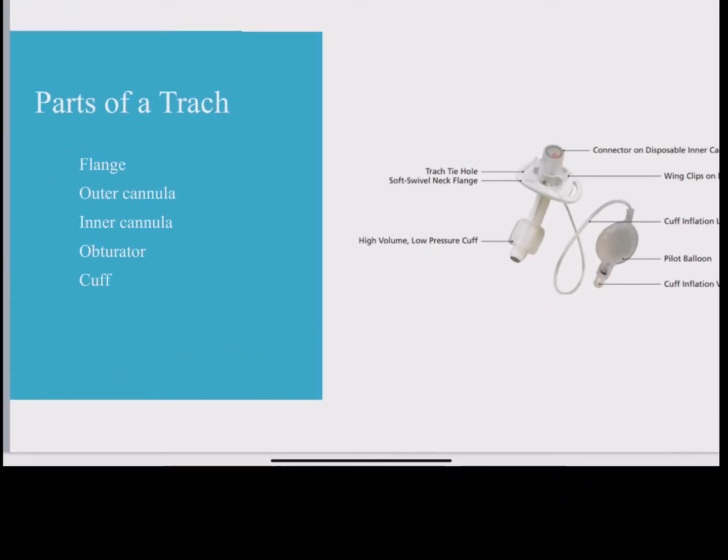Now we can go over the parts of the tracheostomy tube. We have your flange, or let's see, your plate that's going to go on the outside.